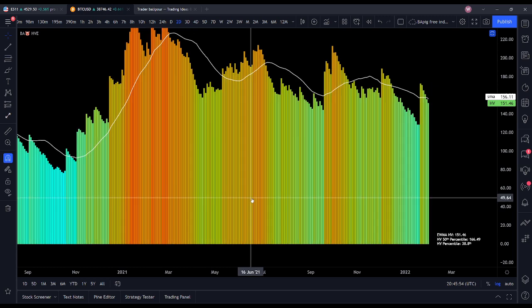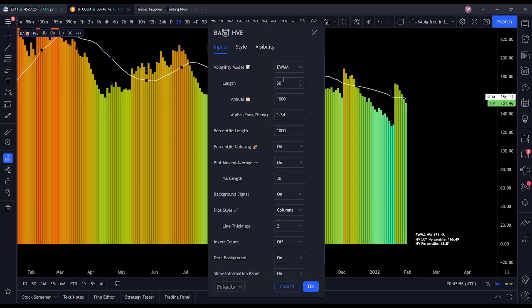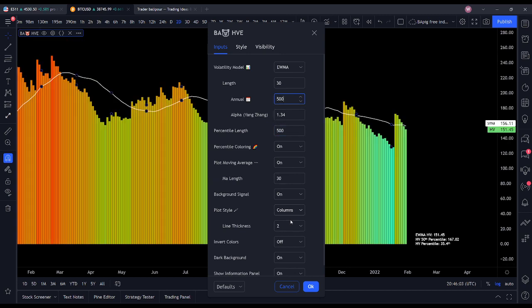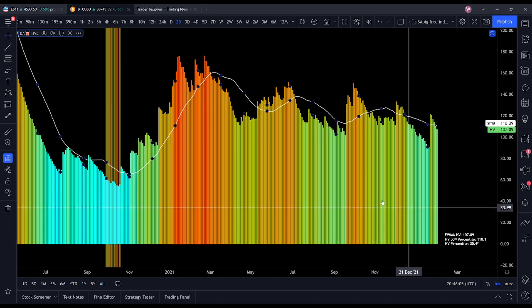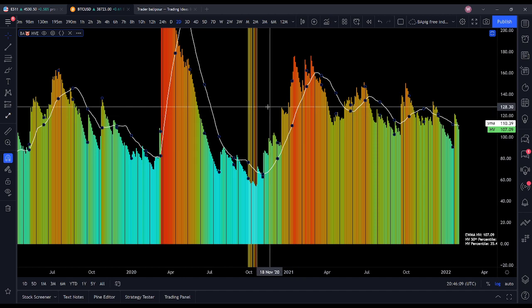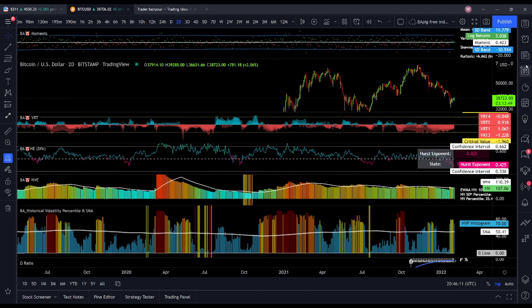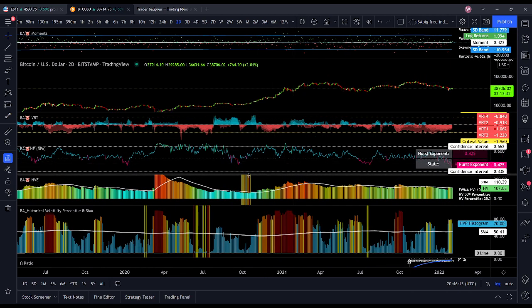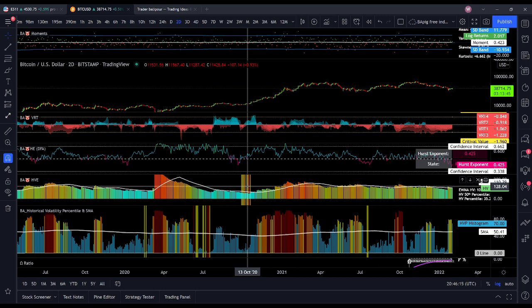I don't see any actually. So let's drop this. Or actually, what you want to do is turn down the percentile length and the annual, and then you can see there is a large volatility flash right here on the 2-day, and that corresponds with a lot of positive returns.